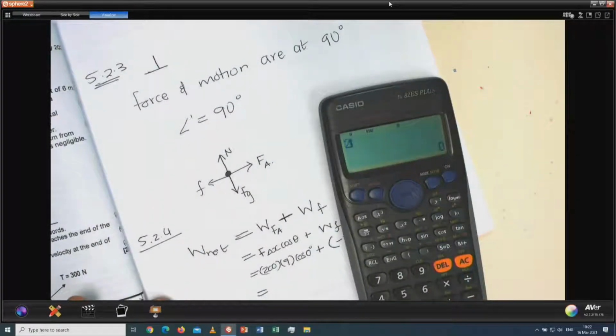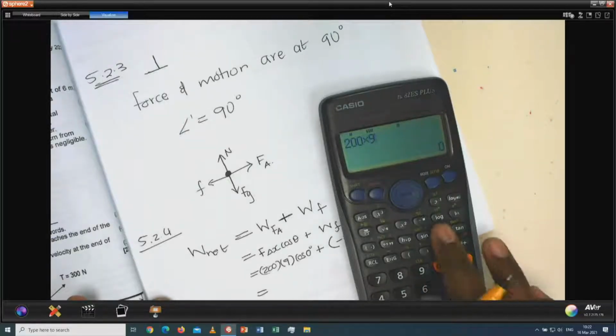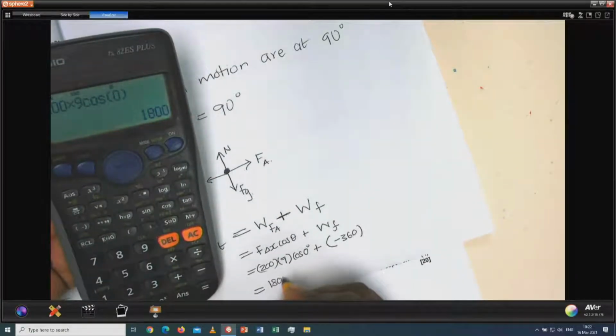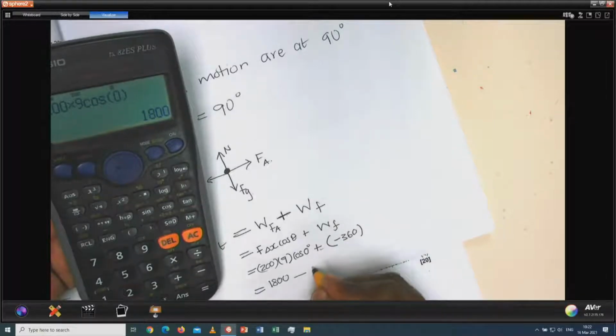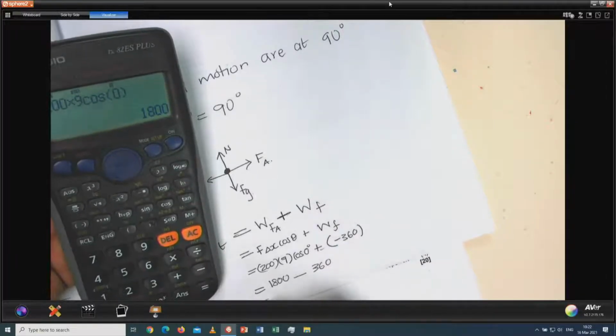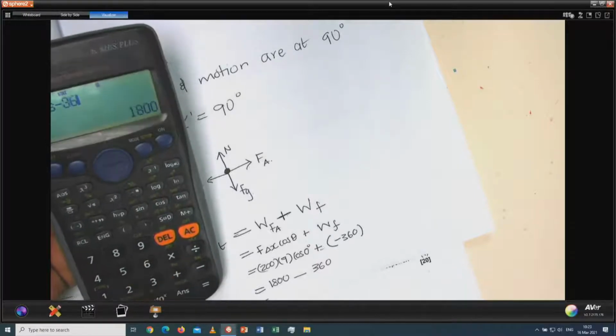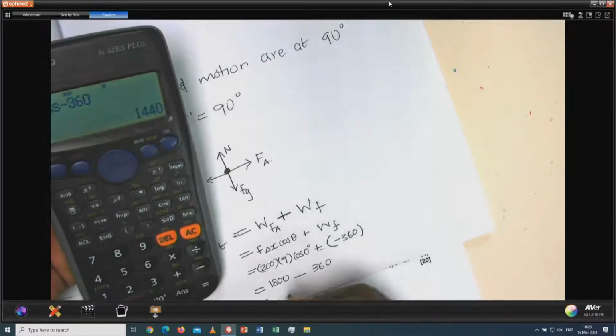Then we have 200 times 9 cos 0. Cos 0 is 1. Then we've got 1,800. And a positive plus a negative 360 gives you 1,440.